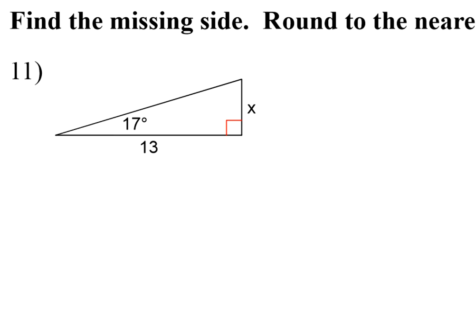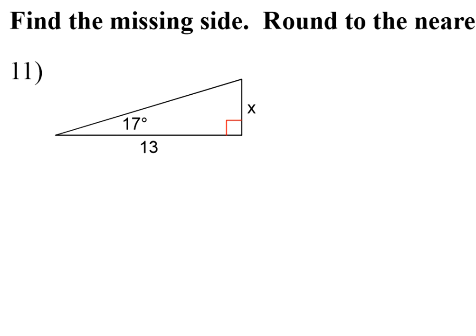Okay, and the last problem I'm going to do is a little bit different than the first two. Let's go down to question 11. In question 11, you're asked to find one of the side lengths, and you're given an angle and another side.